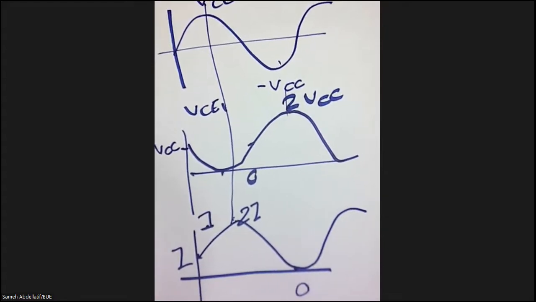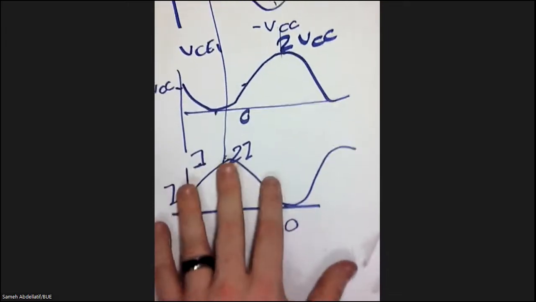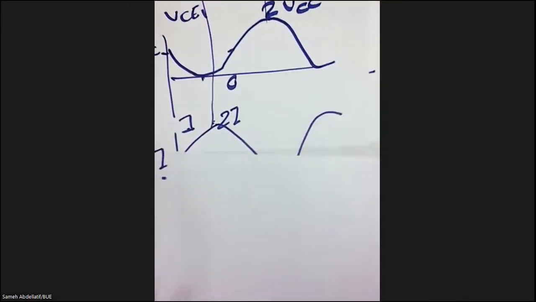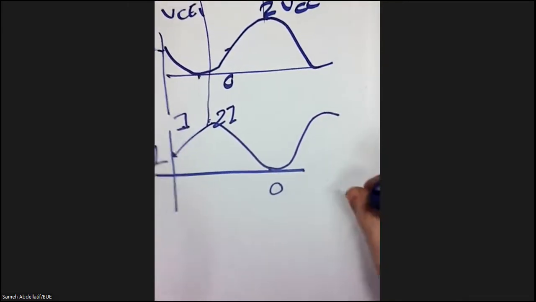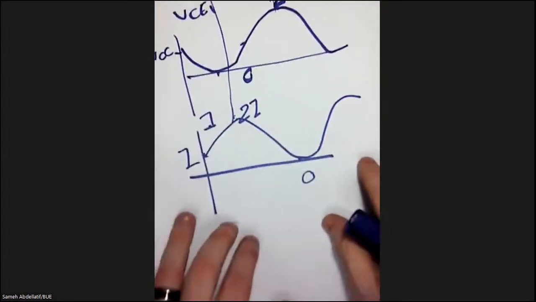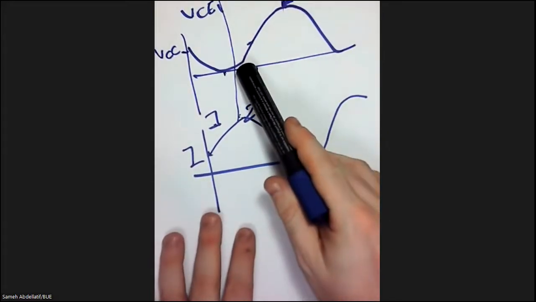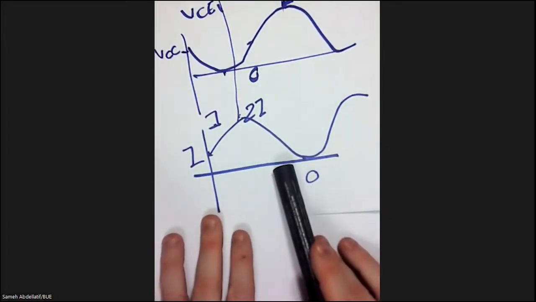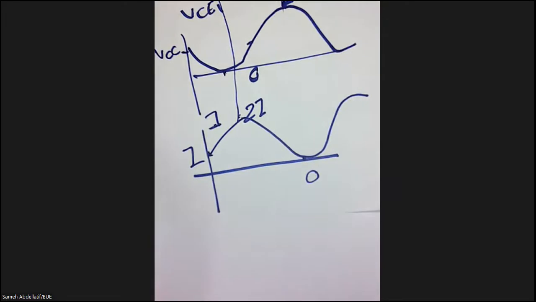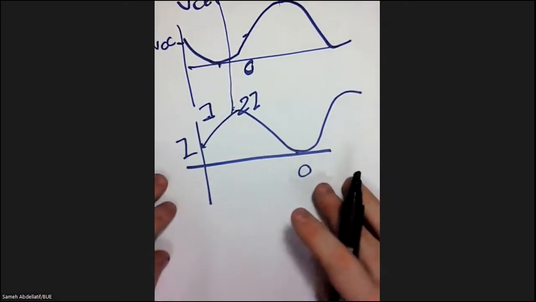So the fourth parameter, which is the power, can be easily found by multiplying these two graphs, as you can see here. If you multiply this voltage with this current, you will get the power.